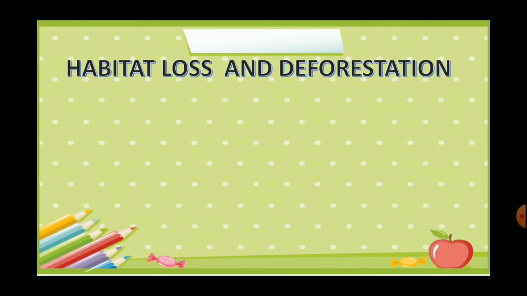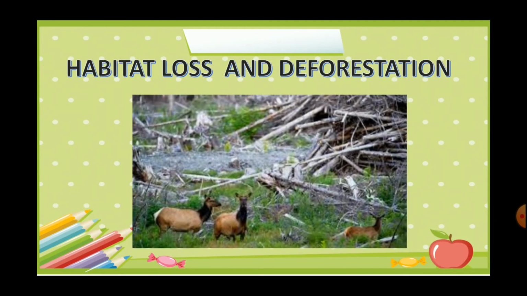By disturbing the balance of the ecosystem, like by deforestation. Most organisms have lost their habitats. You know that the forest is a home for a variety of organisms, and deforestation means that we are snatching the home of those organisms, and the place where an organism lives is known as its habitat.